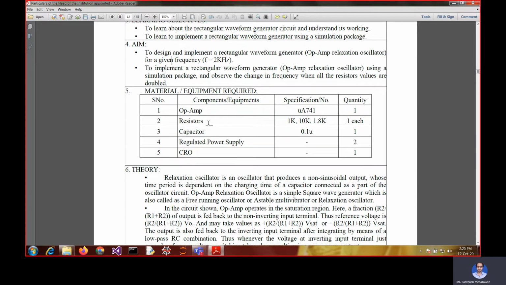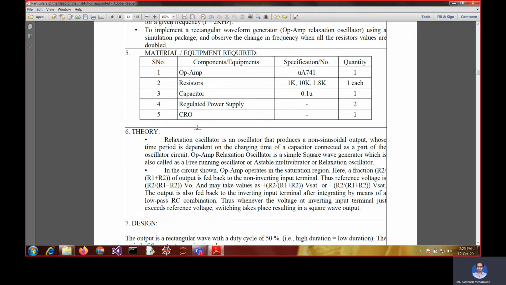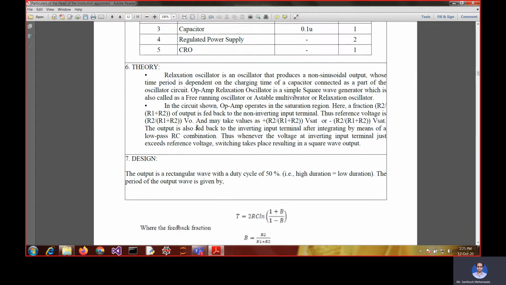And what are the components required to do this simulation? One is the op-amp, that is Micro A741, resistors of resistance value 1K, 10K and 1.8K, a capacitor of capacitance value 0.1 microfarad, and a CRO and regulated power supply that we are going to use here.